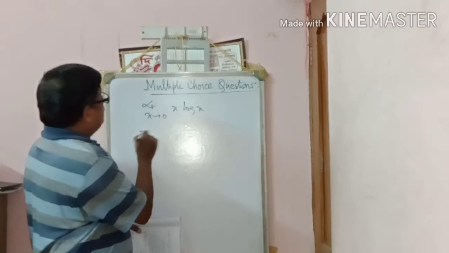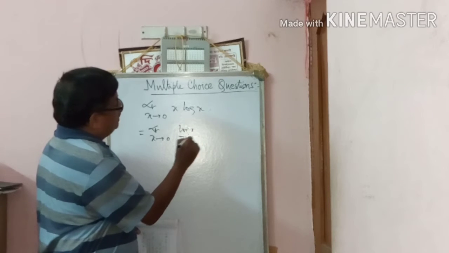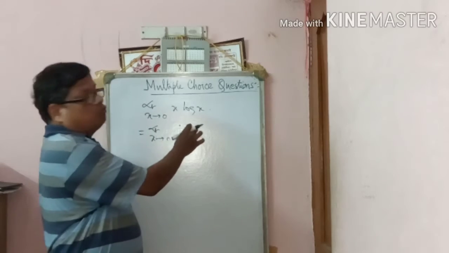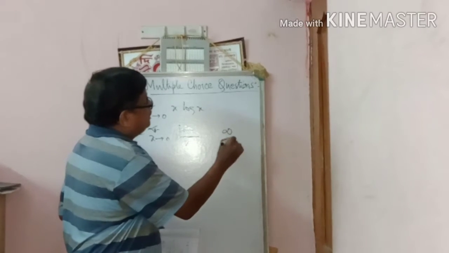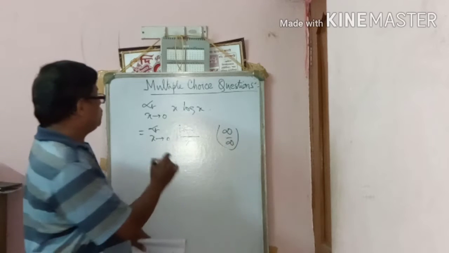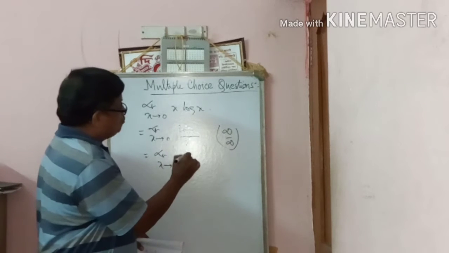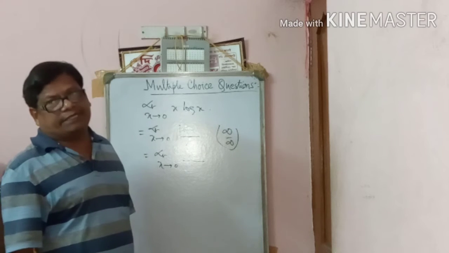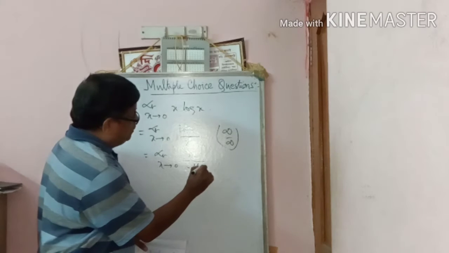See, look at here. Suppose limit x tends to 0, we can write log x by 1 by x. You put x equal to 0: log 0 is infinity, 1 by 0 is also infinity. The form is infinity by infinity. So using L'Hospital's rule, limit x tends to 0, derivative of log x is 1 by x, and derivative of 1 by x is minus 1 by x square.